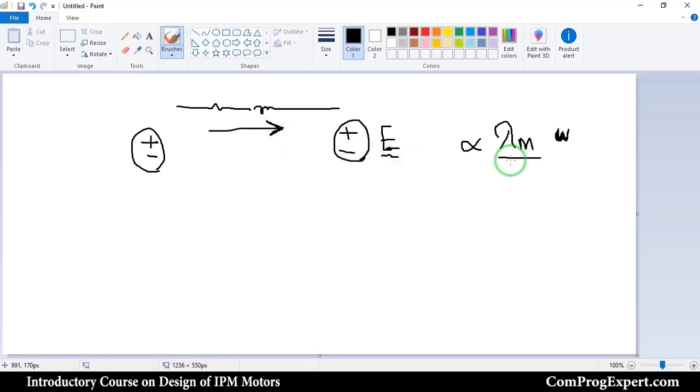So we need to reduce the component of air gap flux by injection of a negative current. I will explain this in the next videos when we calculate the static torque and the torque-speed curve. This was just a short review.